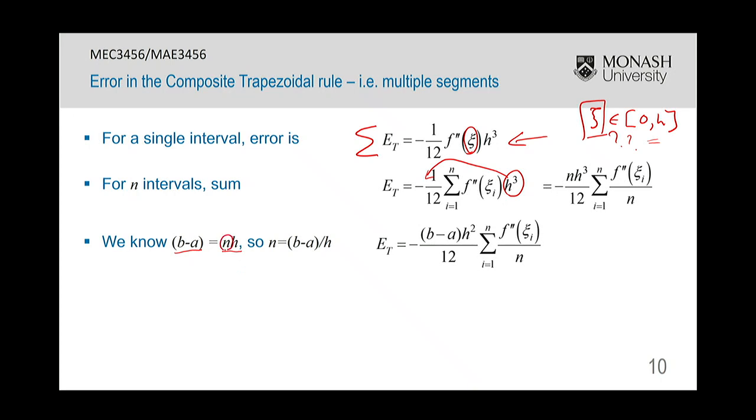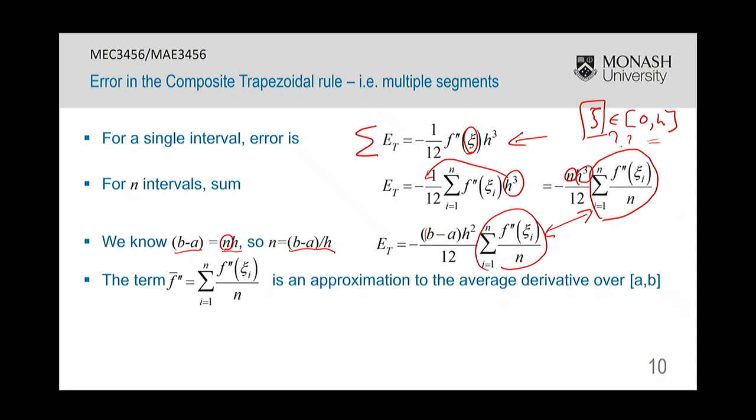So we can calculate that n is equal to b minus a divided by h. We actually want to get rid of this n that we've got in the expression here. So we replace that by b minus a divided by h. Therefore, the h cubed becomes h squared times b minus a. And we're left then with this term here at the end to try and do something with.